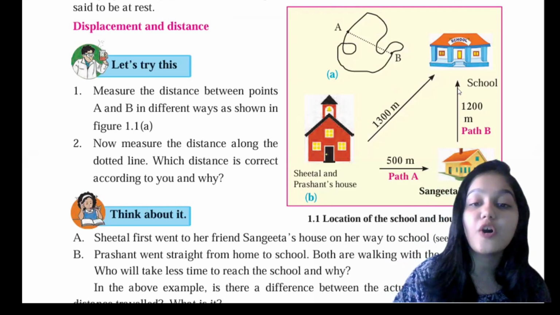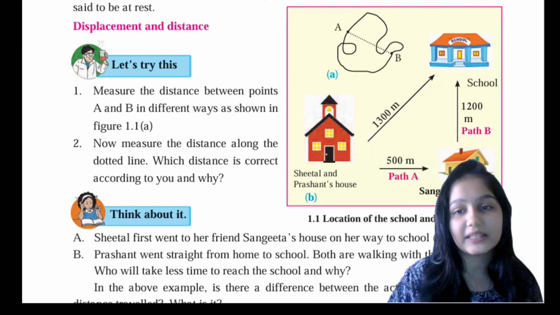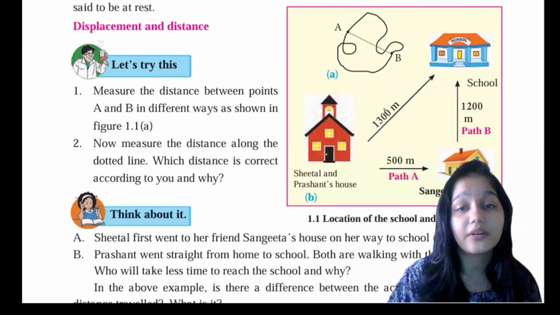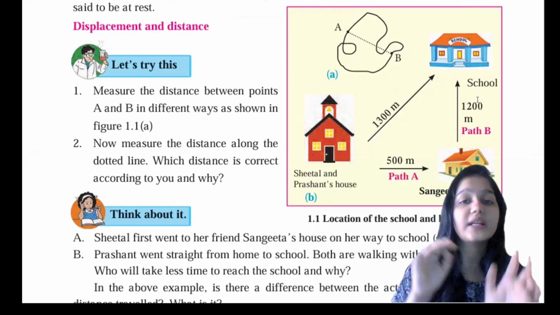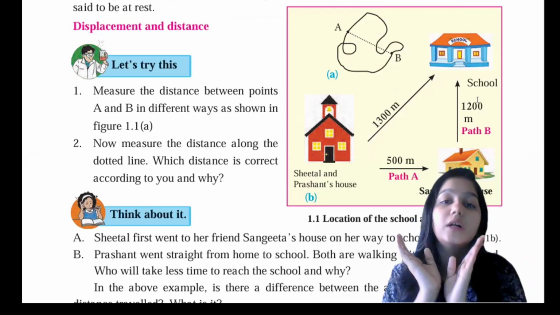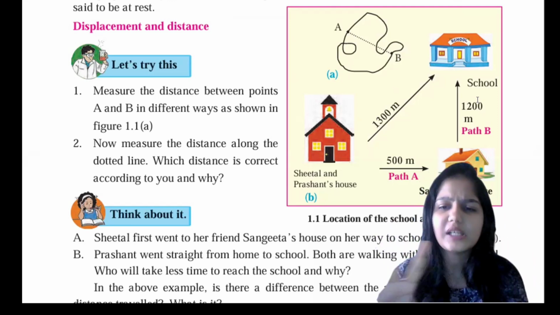Whereas if Sheetal goes directly to the school, she just has to travel 1300 meter, and Sangeeta just has to travel 1200 meter. Can you see the varied amount that you can see here, 1700 and 1300? Okay, so now we are going to understand this.